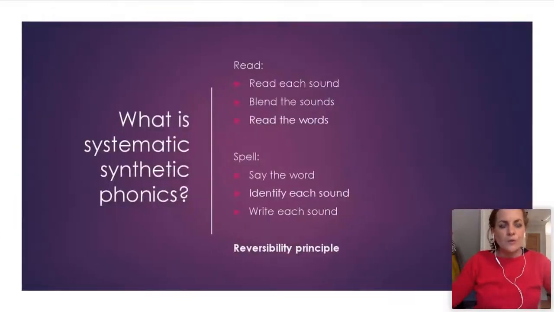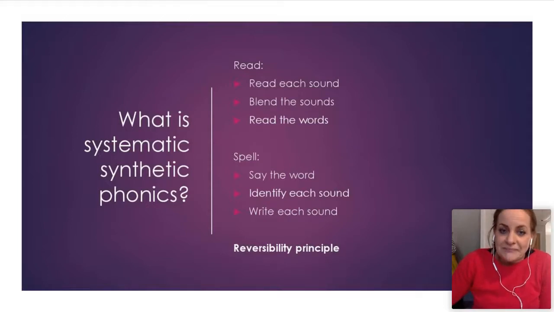Okay, so what is systematic synthetic phonics? Systematic is that it's added cumulatively, one sound after the other, with extra additions once they're embedded, bit by bit, chunk by chunk. Synthetic is the pure sound.